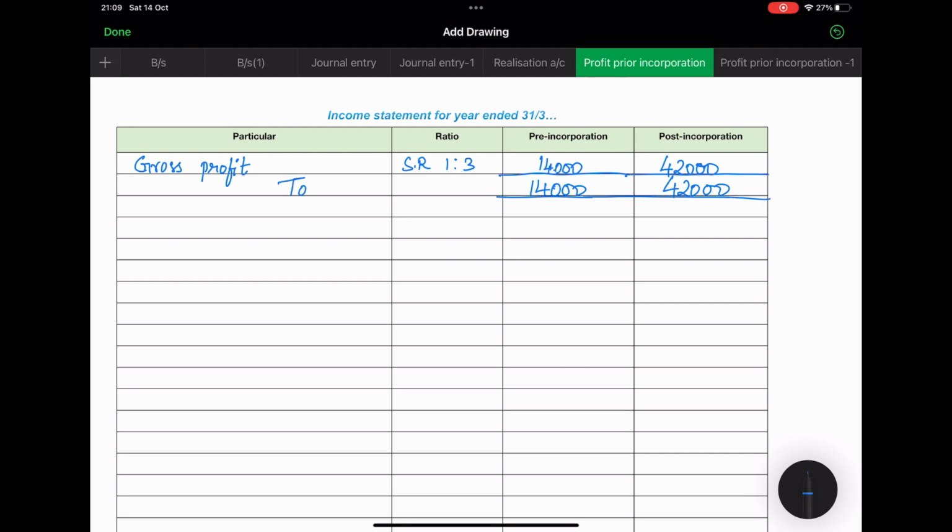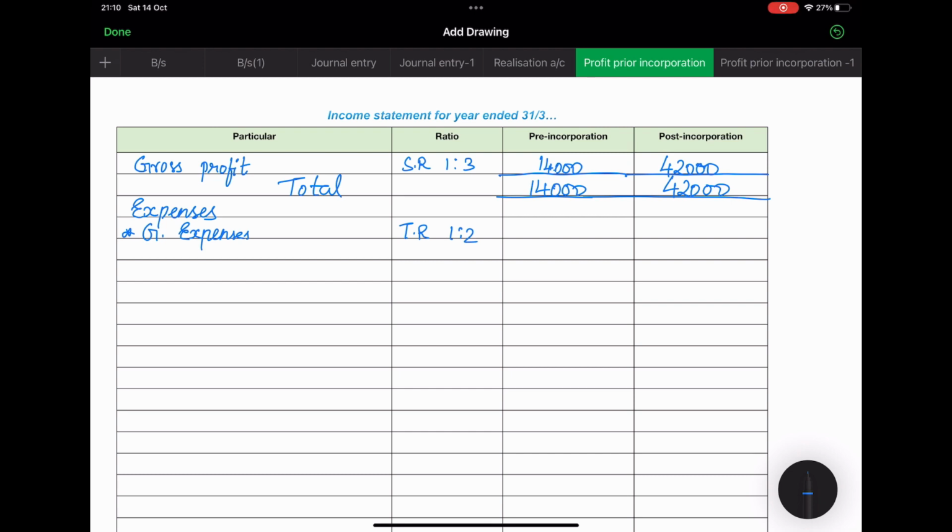Next we are going to write one by one all the expenses. First one we are having general expenses. So general expenses will be calculated in the time ratio, so 1:2.